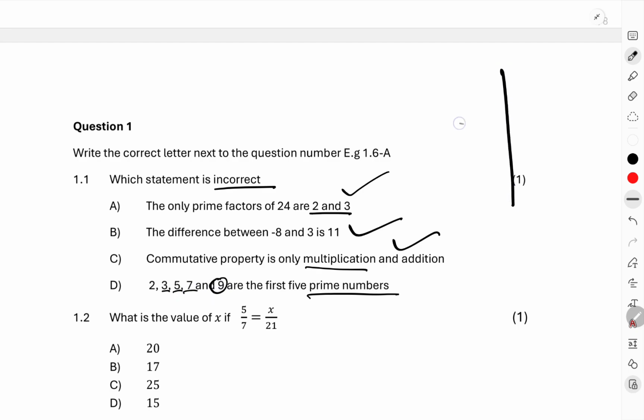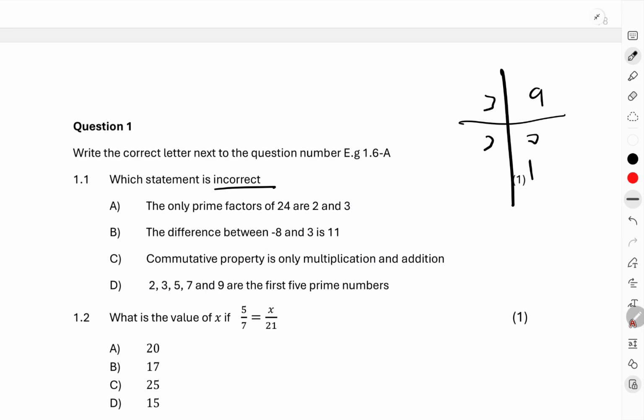Let us decompose 9. I can see that 3 can go into 9. How many times? 3 times. 3 can go into 3 once. Therefore, the factors of 9 are not only 1 and 9, but 1, 3, and 9. Therefore, 9 is not a prime number. It means the correct option for 1.1 is going to be D.